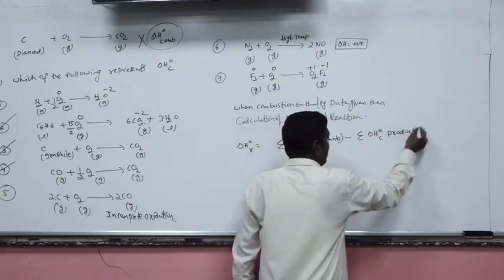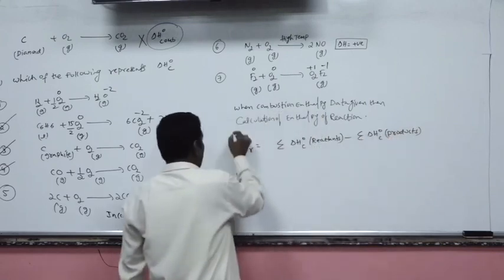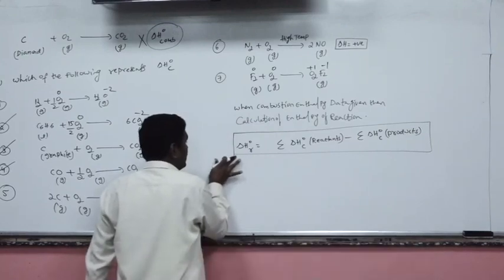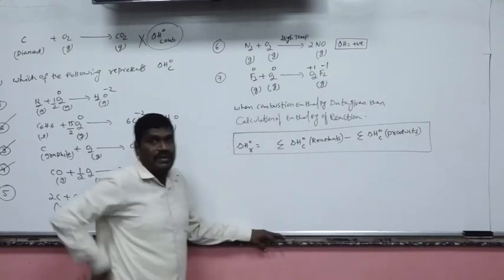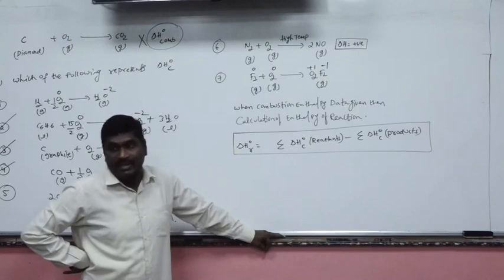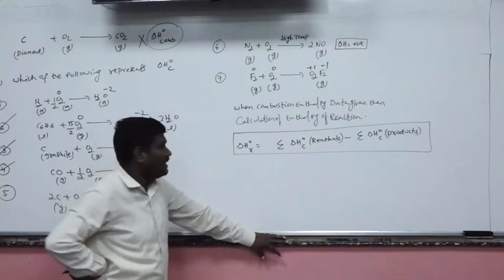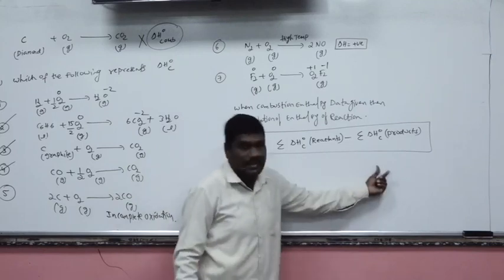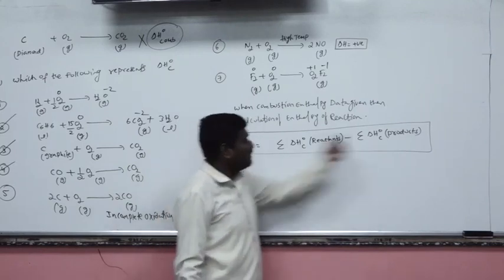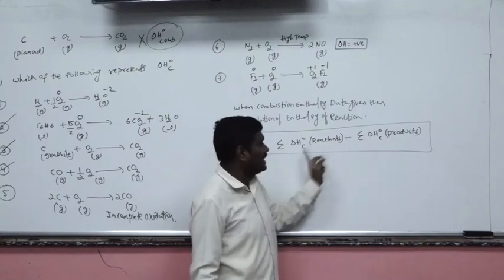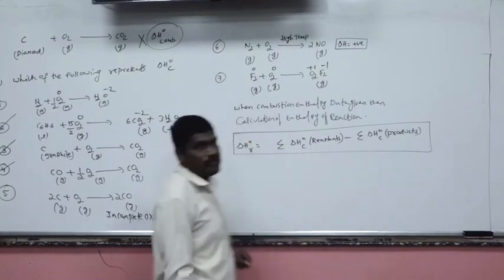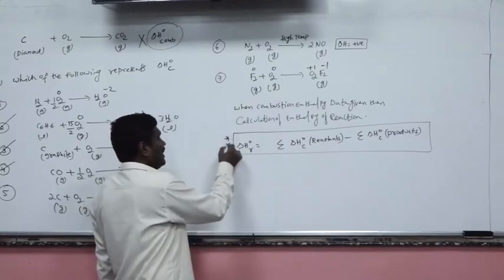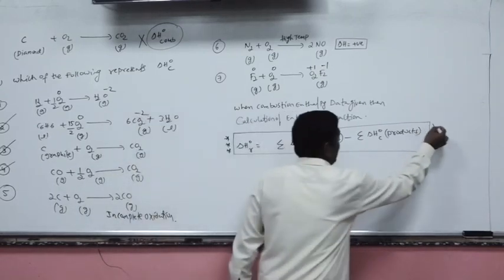This is formula number 2. What is formula number 1? When standard enthalpy of formation is given, then the enthalpy of reaction is the standard enthalpy of formation of products minus reactants. But here I am writing reactants minus products with respect to combustion enthalpy. So this is a very useful formula.